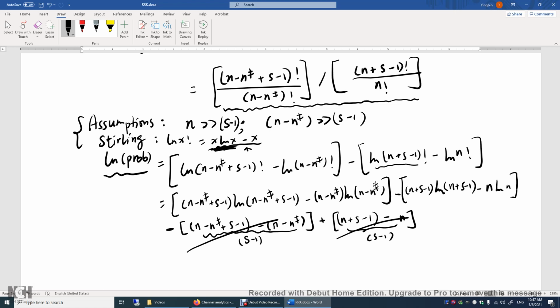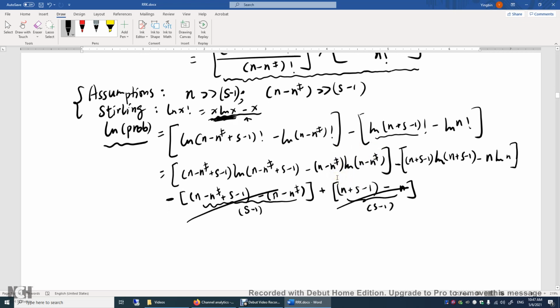So these 2 square brackets, they cancel. So now you can see why I did that. All right, so we have 1, 2, 1, 2, 3, 4 terms. We'll further simplify these 4 terms.